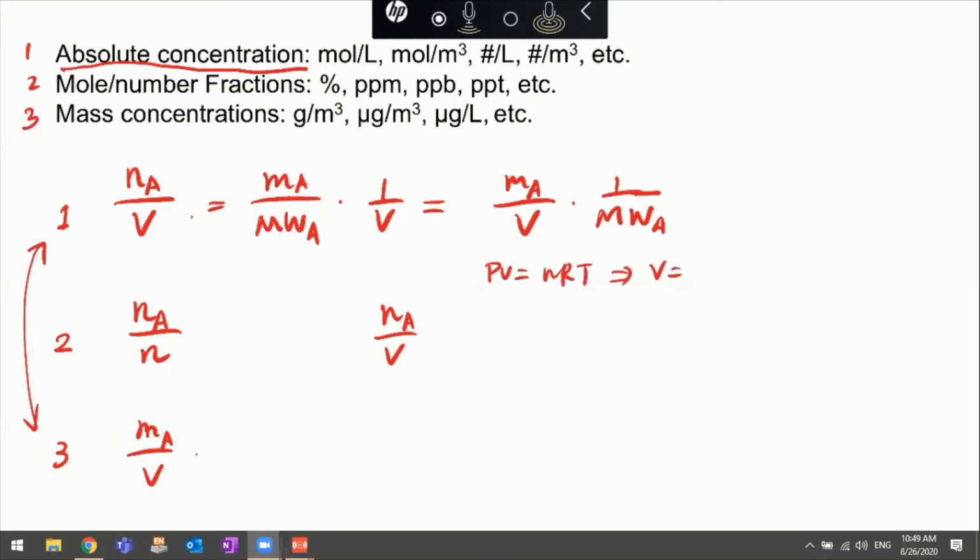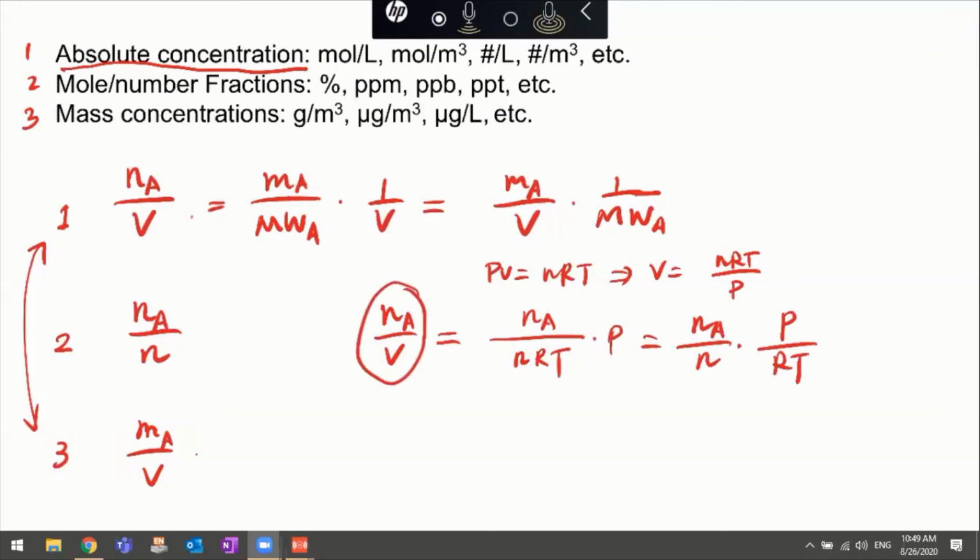So V is equal to nRT divided by P. In this way, we can plug it in, and n_A divided by V becomes n_A divided by n multiplied by P divided by RT. So we're converting from the first term into the second term.